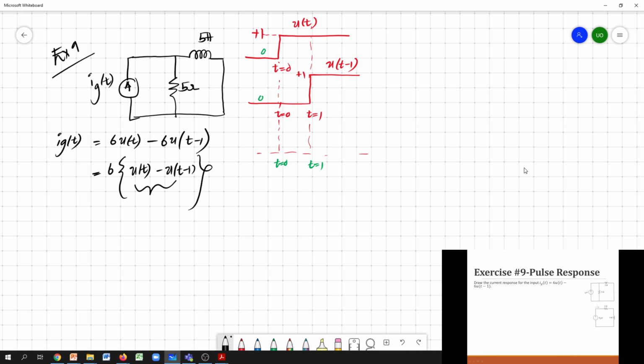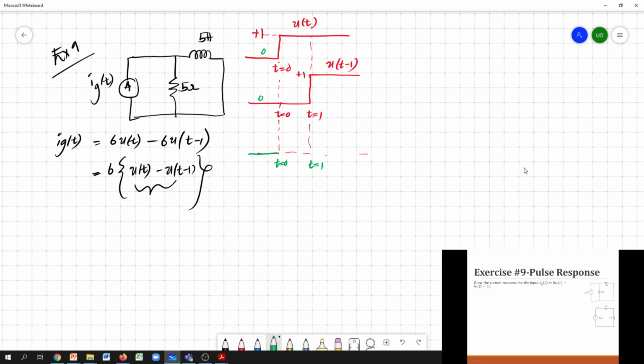Now this is u(t) and u(t minus 1). We subtract u(t minus 1) from u(t). So 0 minus 0, we are left with 0.